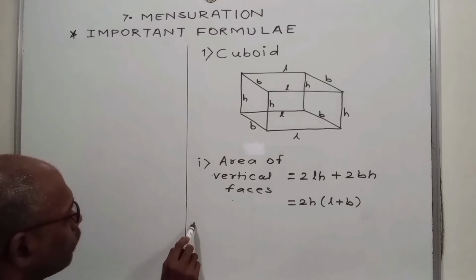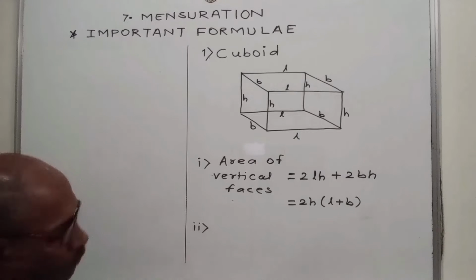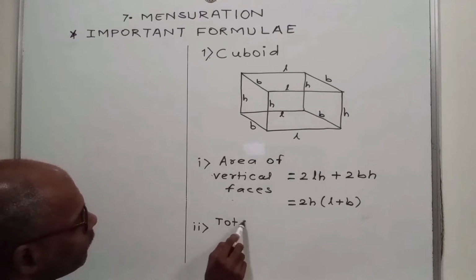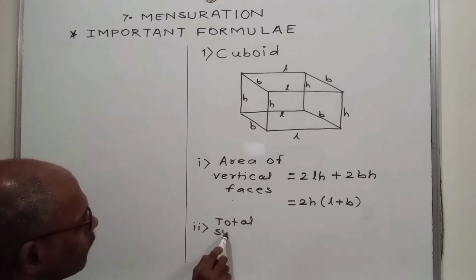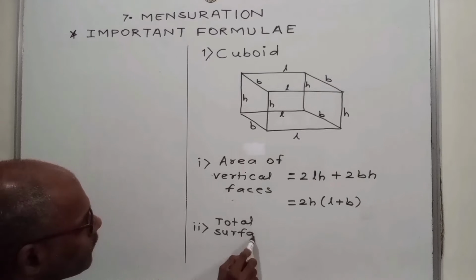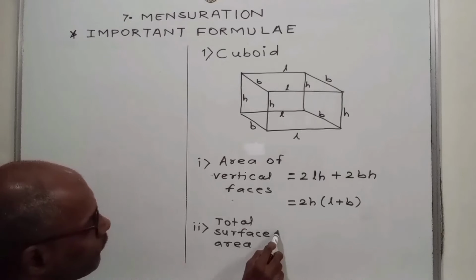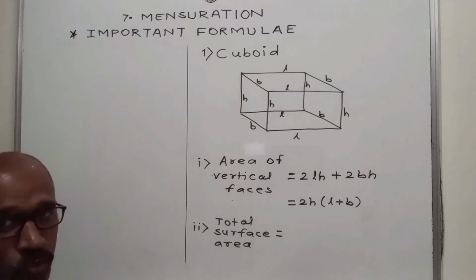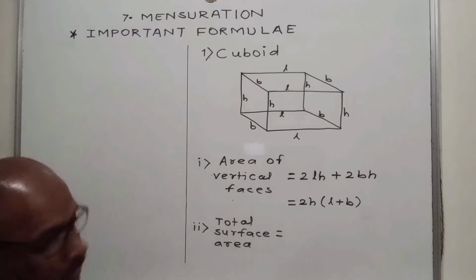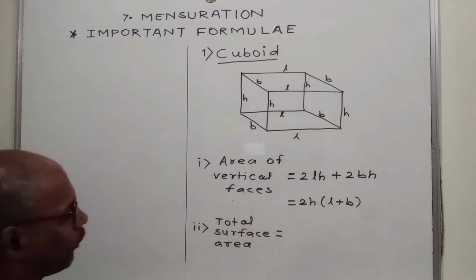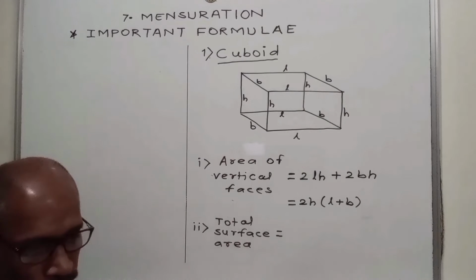Then second formula, that is total surface area of cuboid. So there is no need to write it every time. I have written there cuboid. Okay, total surface area of cuboid.